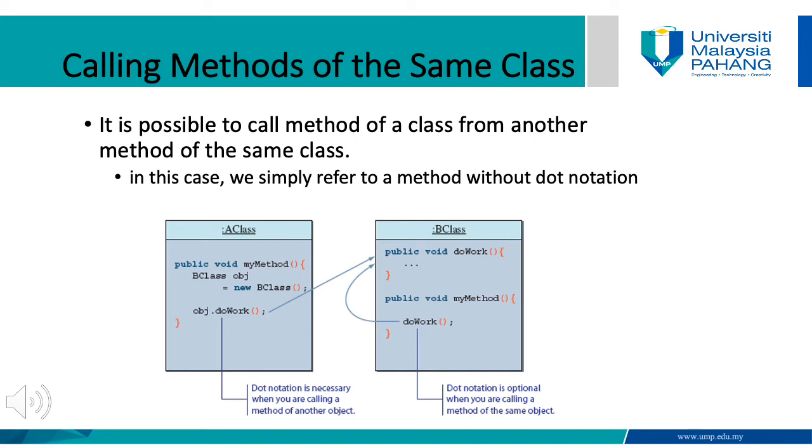Okay? But if you want to call a method without using the dot, it's also doable. You can see here in this B class, when B class is trying to call the do word method, it just simply states the do word method in the my method statement here.